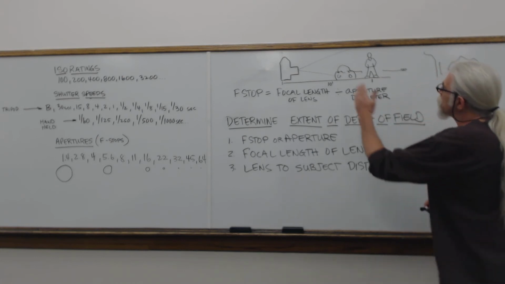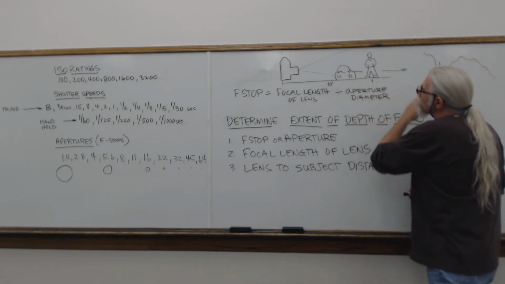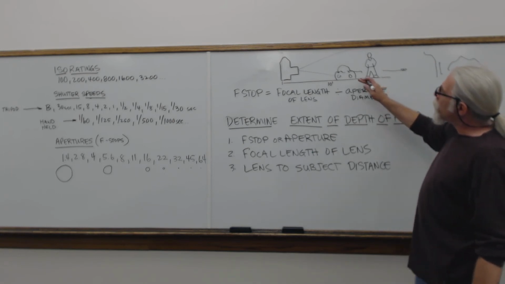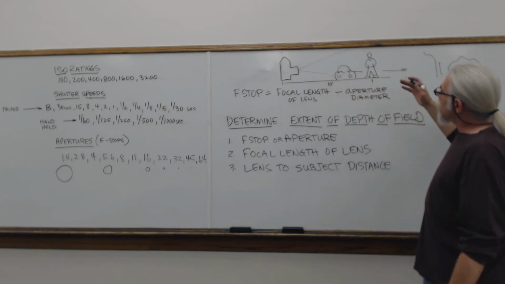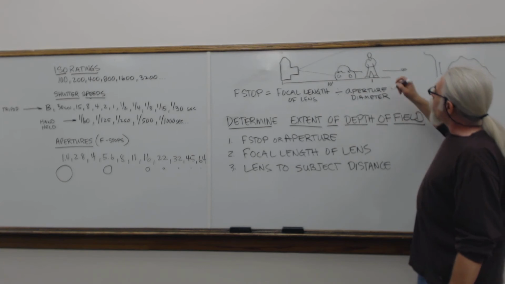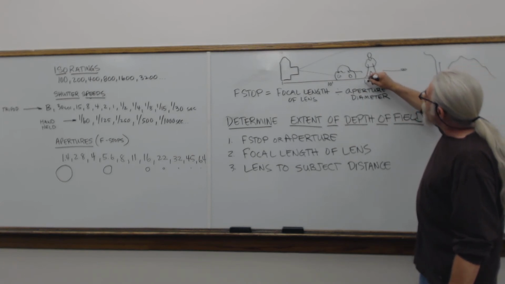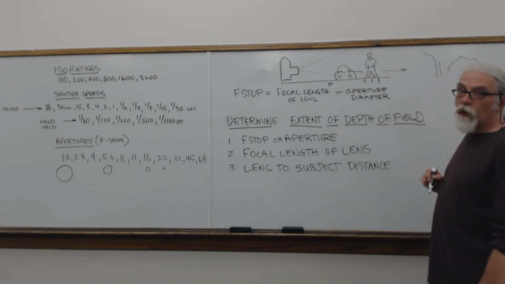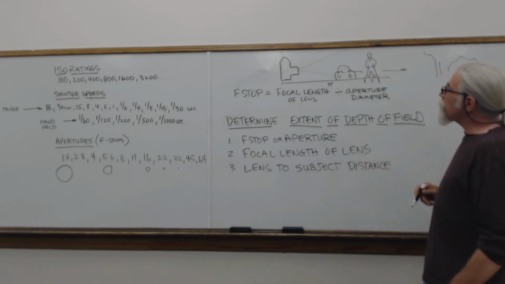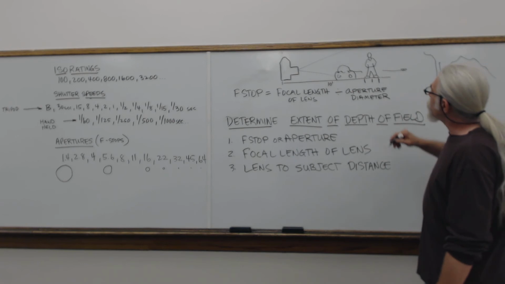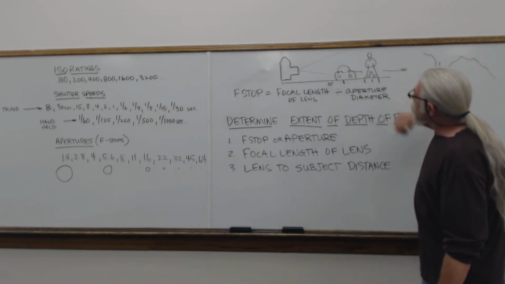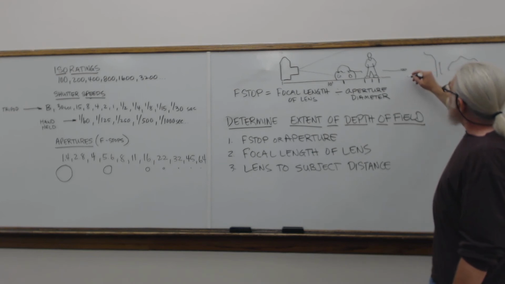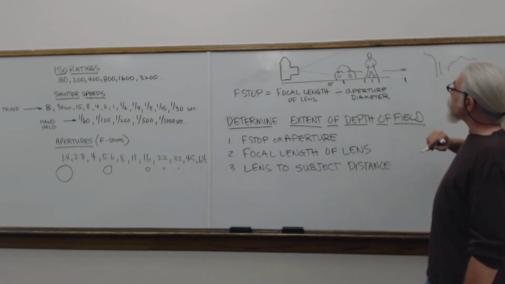And what we want to do is extend our depth of field. Now, hypothetically, if we had an aperture setting of, let's say, f5.6, our depth of field might be from the front of his toe to the back of his toe. If we extend that to f11 or f16, and that all depends on the focal length of our lens, of course, we may have a greater depth of field.